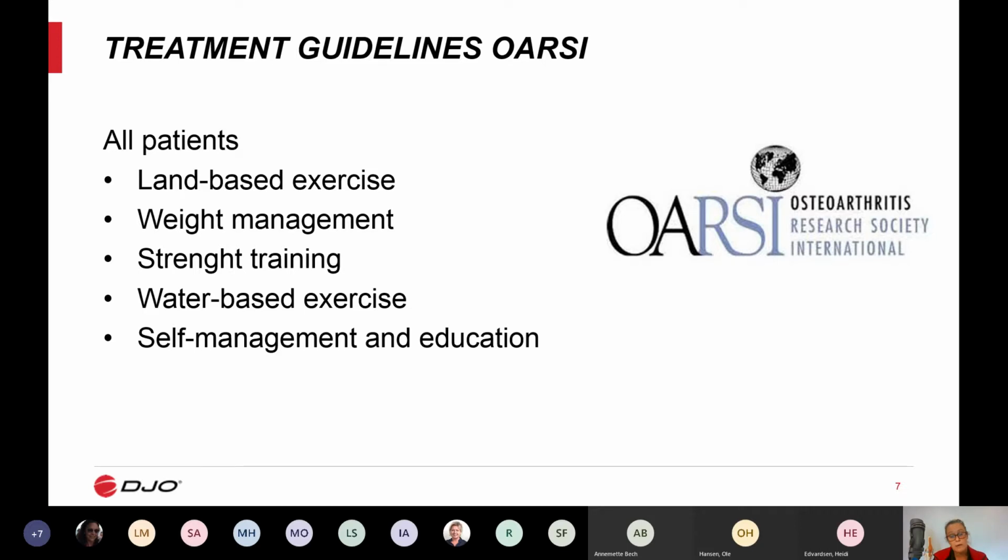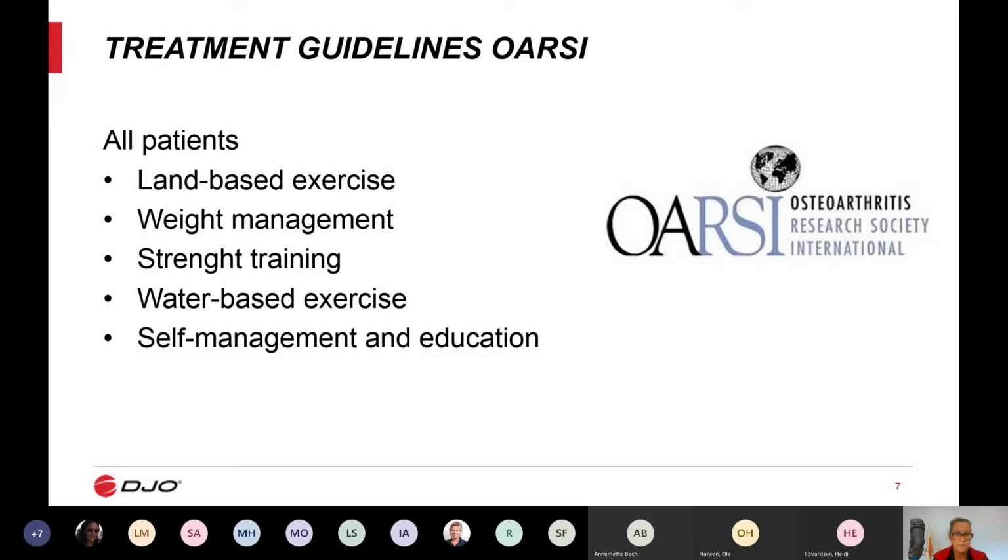They divide the patients into 4 categories, but for all 4 categories, the treatment guidelines include these. If the patient wants to do exercise, this is where you are on land, say walking, maybe not running if you're in severe pain, but you have to strengthen your knees.